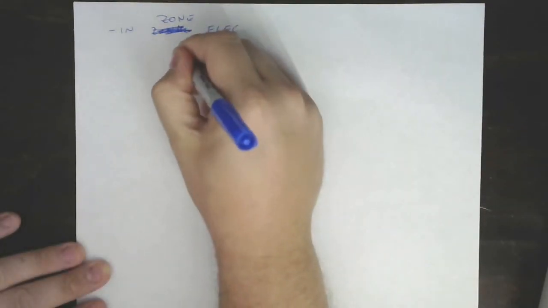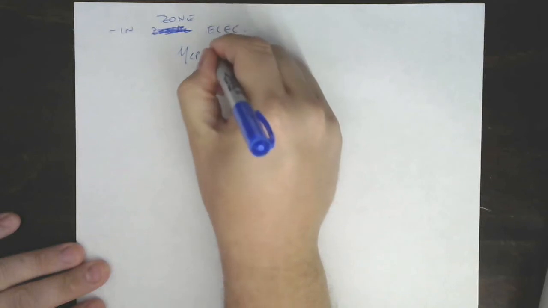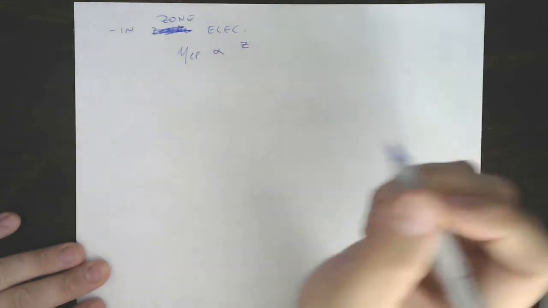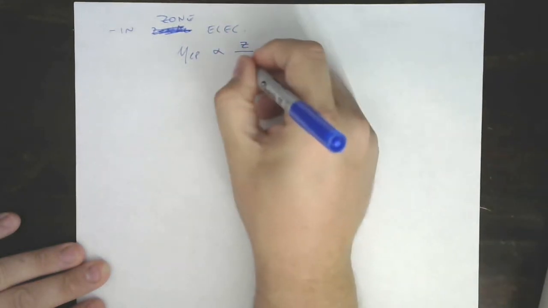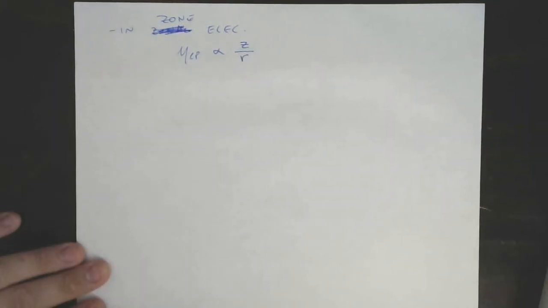Okay, so in zone electrophoresis, the type of electrophoresis we've already talked about, we know that the electrophoretic mobility, which governs the speed at which these things move, is going to be proportional to how charged this thing is and inversely proportional to its hydrodynamic radius, its size.